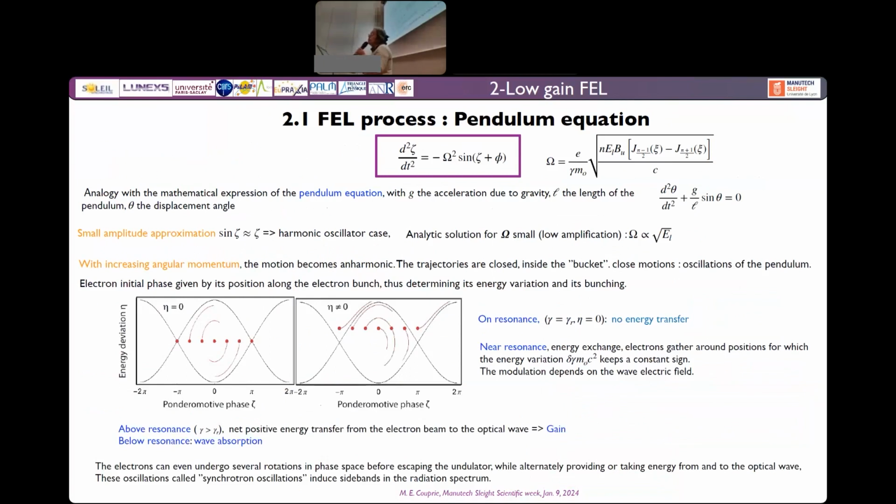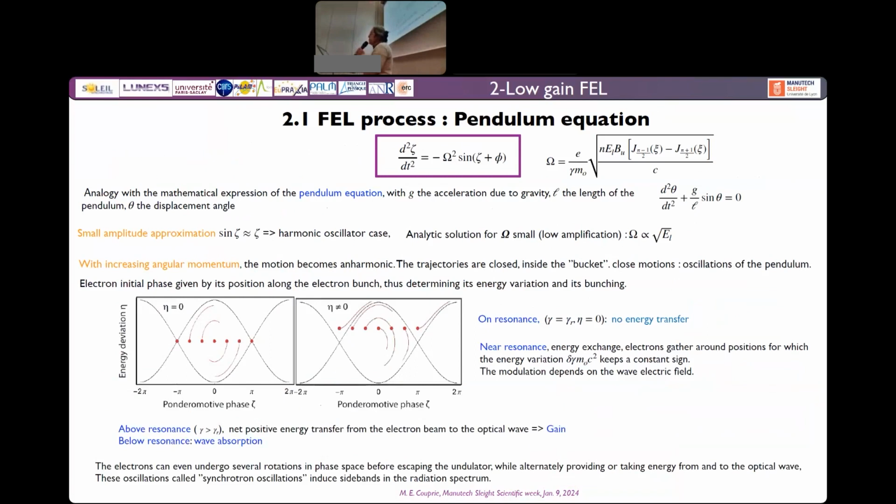And for instance, in the community, there is an FEL prize. And when you win the FEL prize, you get a pendulum, because it's the basis of the FEL principle. So what do we have? We find the same thing that I already explained.